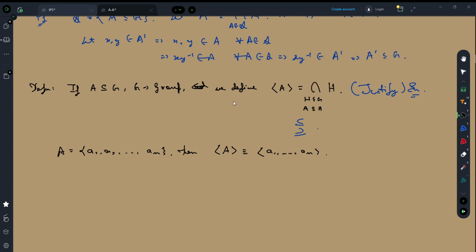Also, one more thing which you can try to justify, it will come out literally from the definition itself: the smallest set containing A union B can be written as this. Clear?